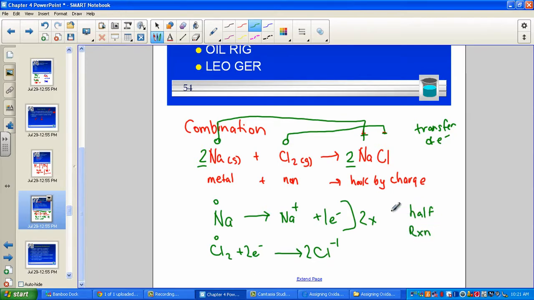What we've just done is split the oxidation and reduction into 2 halves, the half reactions. We can label this process as oxidation and this process as reduction. Oxidation is a loss of an electron. Reduction is the gain of an electron. In this combination pattern, we saw sodium and chlorine change charge, and they did so through the process of transferring an electron.